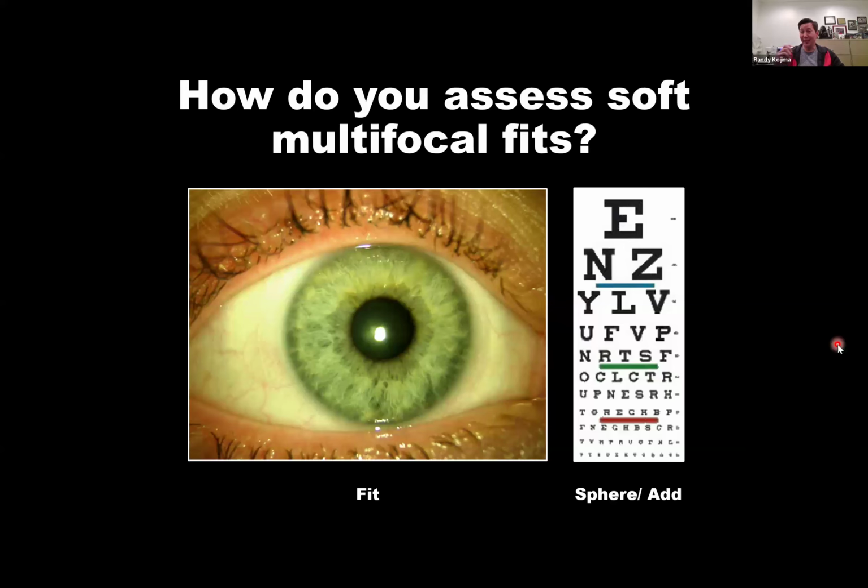And then we can add plus and we can add minus, but we don't really know what to do when near or distance isn't working and when we add minus or add plus and it doesn't help. Soft multifocals can be tricky. That's all I'm getting at. Could you share your thoughts about soft multifocal fitting?